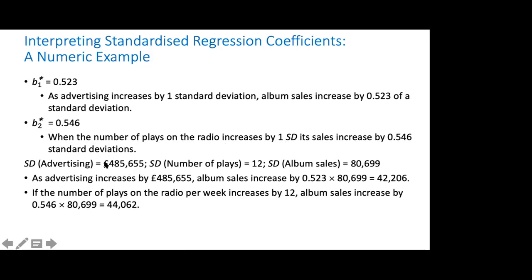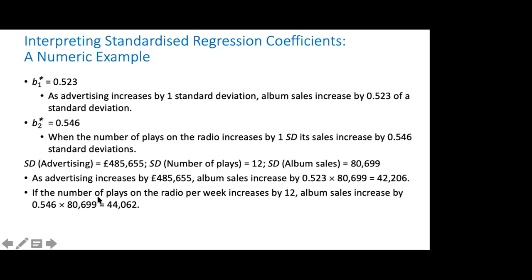Which is probably not 100% the same, but anyway. The standard deviation of advertising is 485,655, and for album sales, 80,699. So that means as advertising increases by 1 standard deviation, by 485,655, then album sales increase by roughly half of the standard deviation, so 42,206.